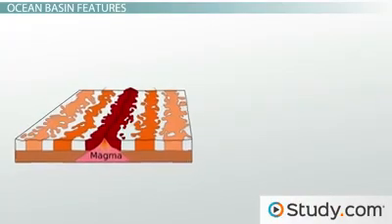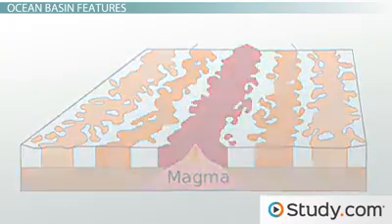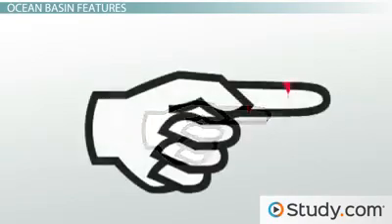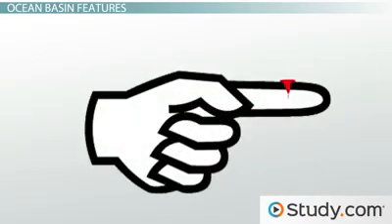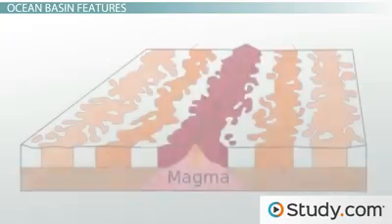You can think of their creation in much the same way as a scab gets created over a wound. For example, when you cut your finger, it bleeds. The blood flowing out of the cut relates to the magma flowing out of the gap between the spreading plates. The cut will form a raised scab on your finger, and as the magma cools, it will form a raised layer of crust on the sea floor.